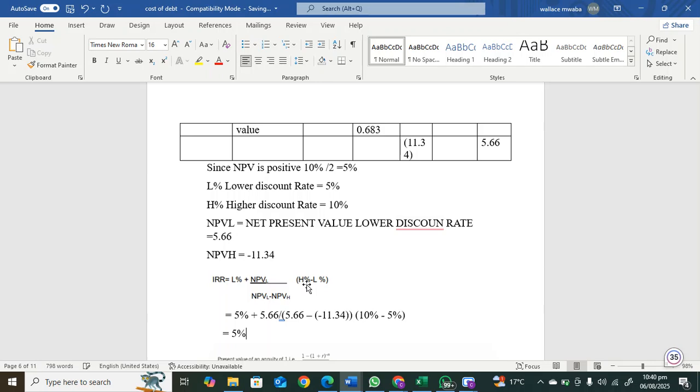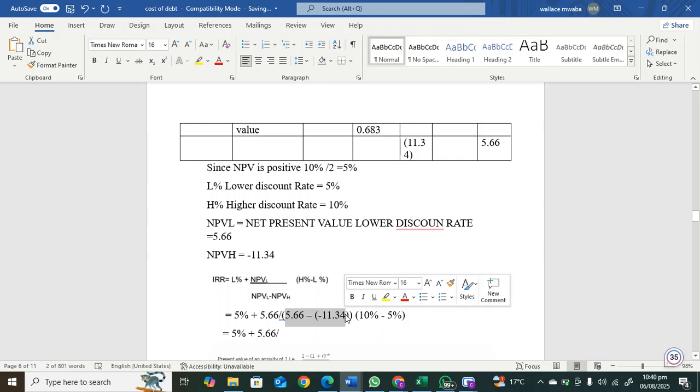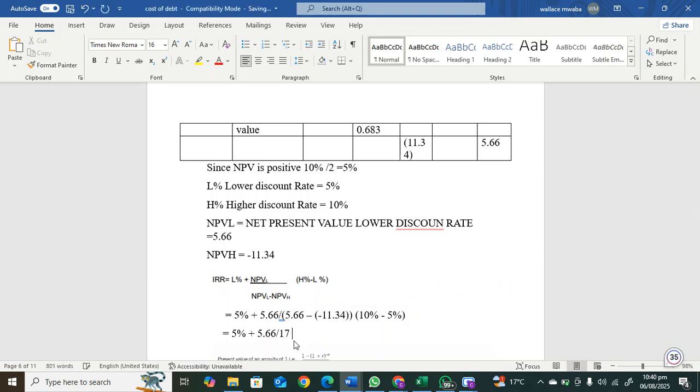So you're going to say 5% plus 5.66 divided by, in the brackets, 5.66 plus 11.34, since the negatives make positive. That is 17. Open brackets, 10 minus 5%, that is 5%.